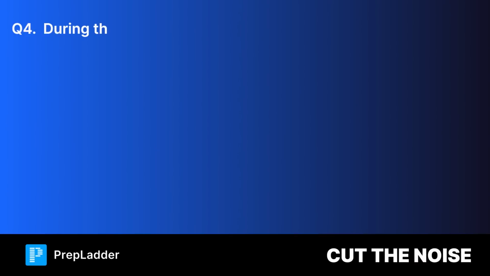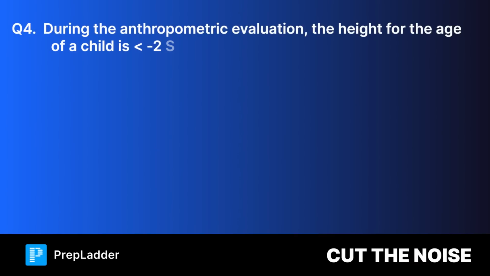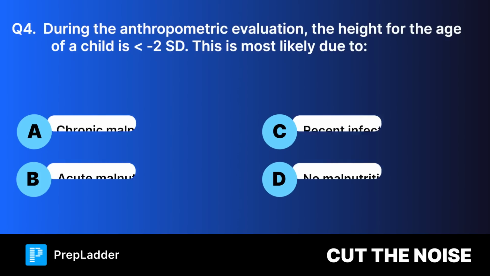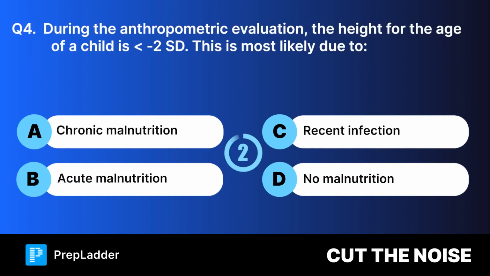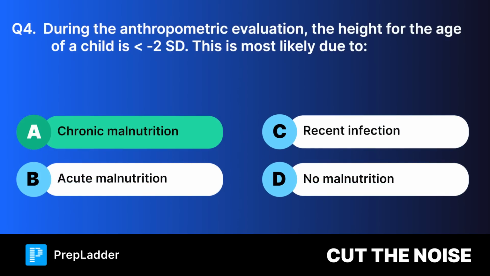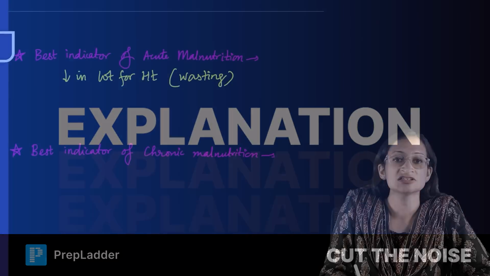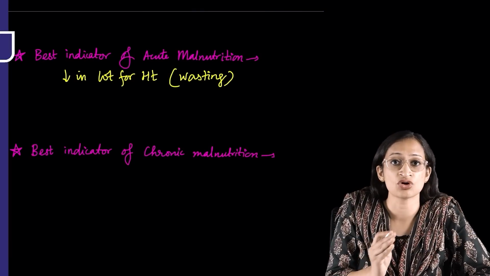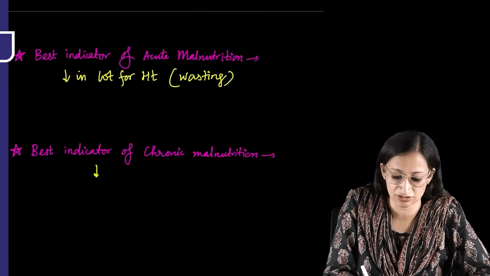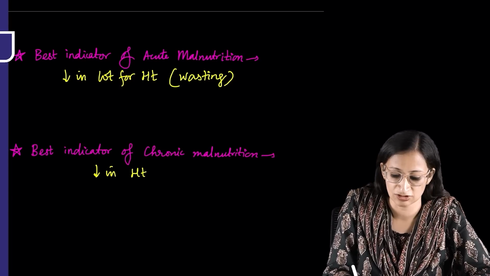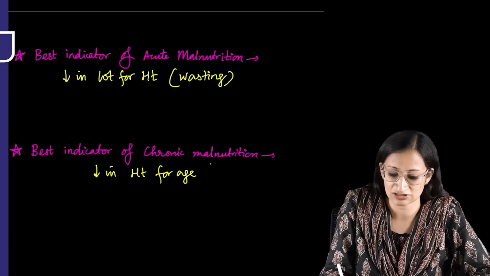Question 4. During the anthropometric evaluation, the height for the age of a child is less than -2 SD. This is most likely due to. Your options are. And the correct answer is chronic malnutrition. Here's the explanation. The best indicator of chronic or long-standing malnutrition is decrease in height for age, also known as stunting.